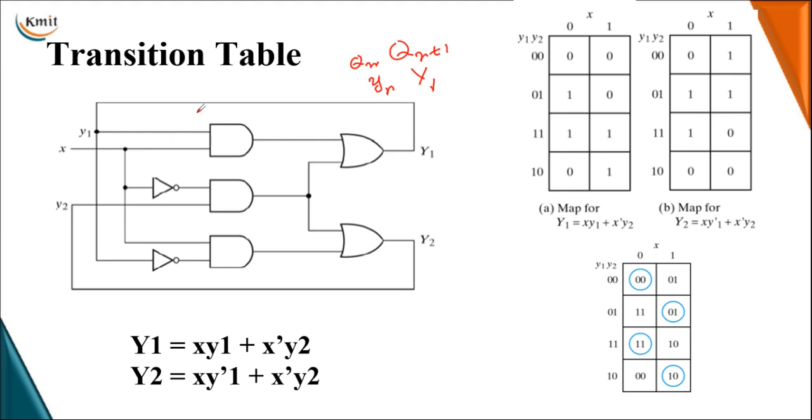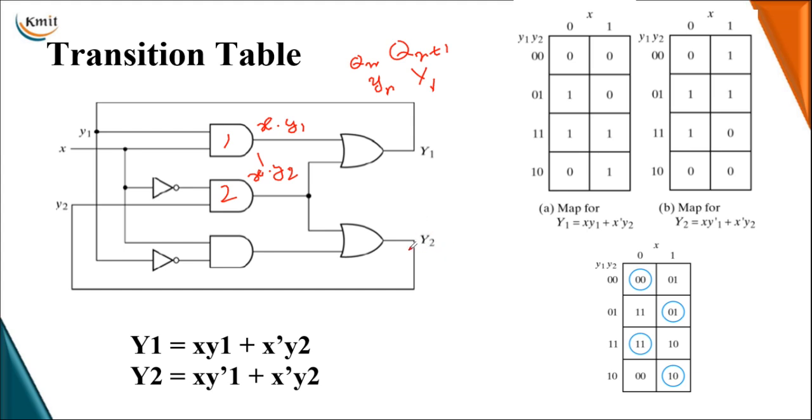The first AND gate gives the first product term as x into y1, and another product term comes as x bar into small y2, the present state. Hence Y1 is equal to x y1 plus x bar y2, whereas Y2 is the second next state.